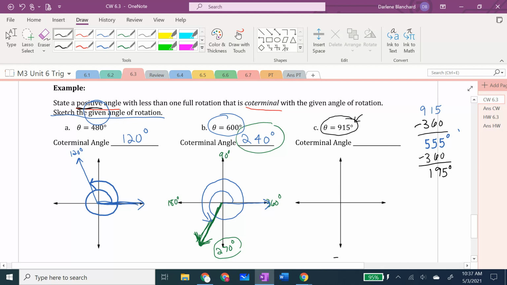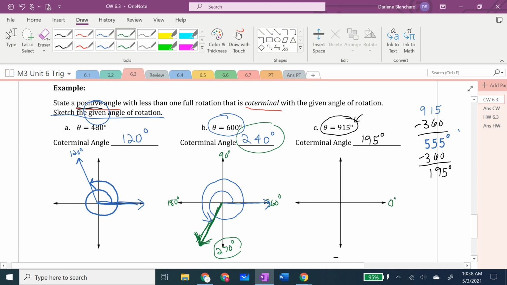So 195 degrees. Now let's think, where is that? Where is 195 degrees? And you want to be really familiar with, these are actually called your quadrangles, the angles at the edges of quadrants.